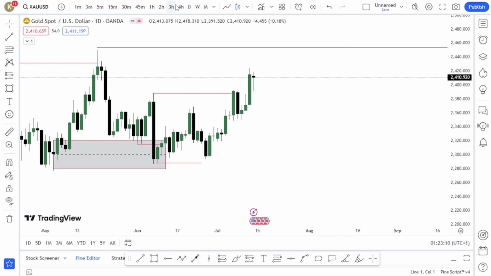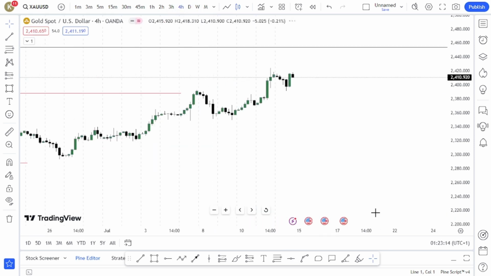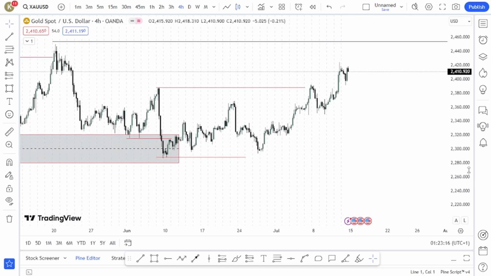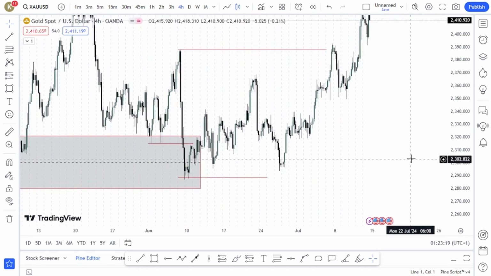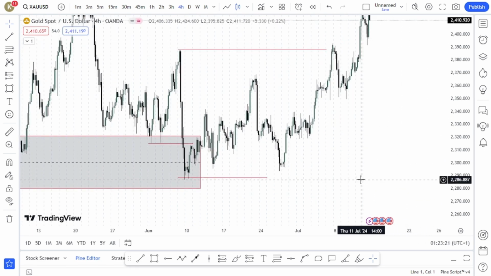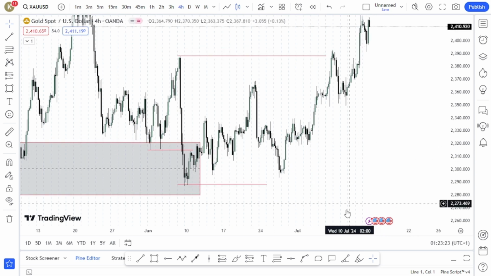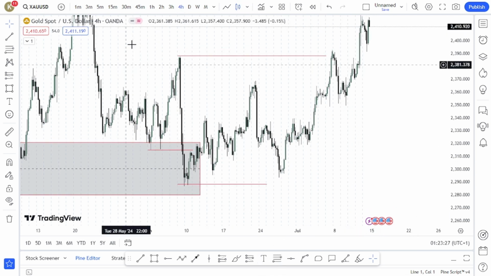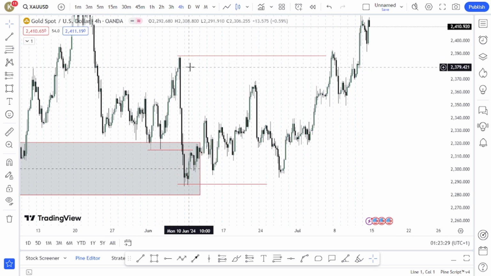Okay, now what about the 4 hour? So this is the 4 hour chart. Look for price mitigating something first, and then from there we start marking our new highs and lows on the 4 hour chart. It's very simple.